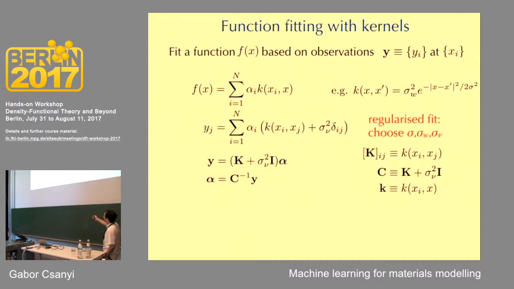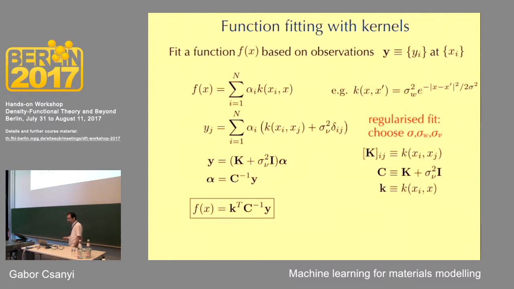Here's my linear diagonal that I'm adding, and alpha are my coefficients. It's just a rewriting of this equation for all the data points. And in order to get alpha, I just invert this K plus sigma matrix. And that's what everyone does. That's machine learning on one slide.